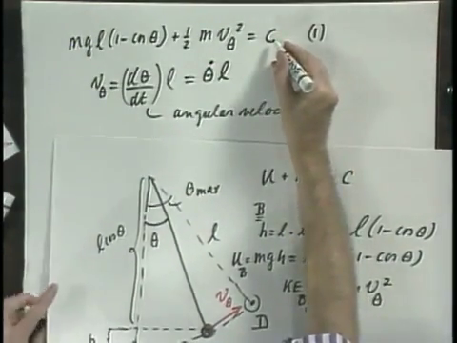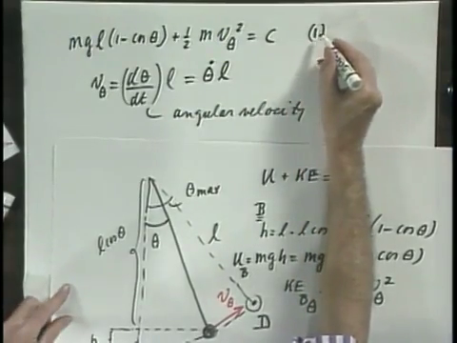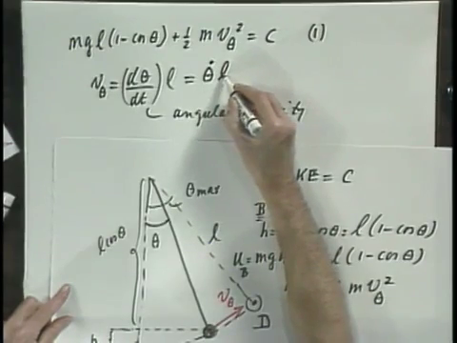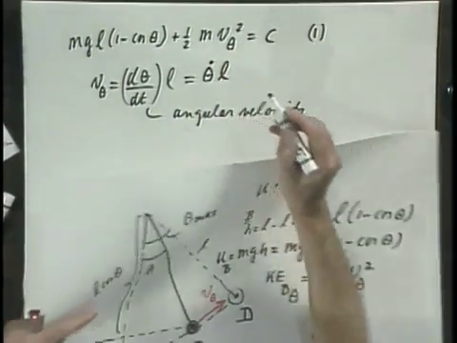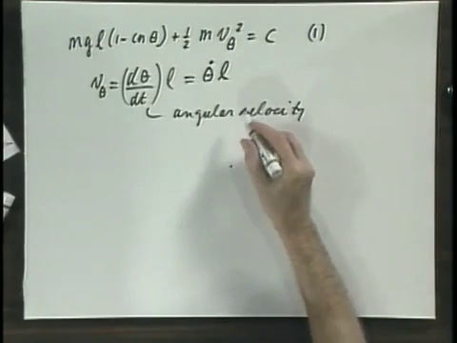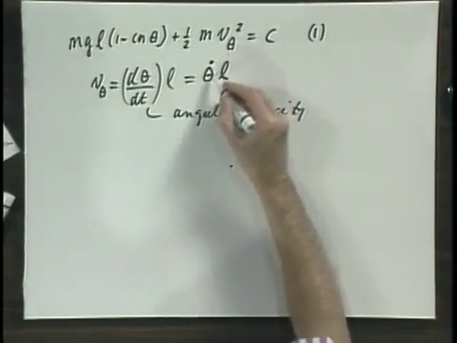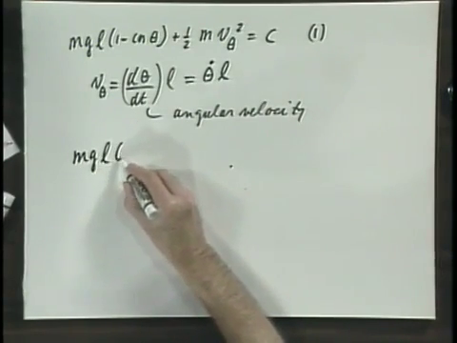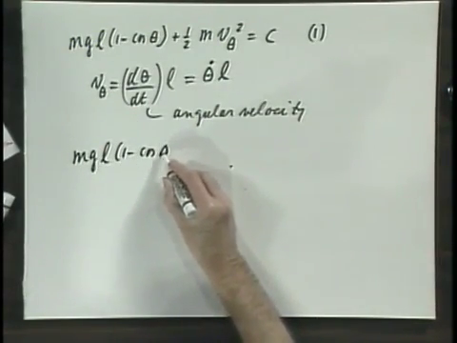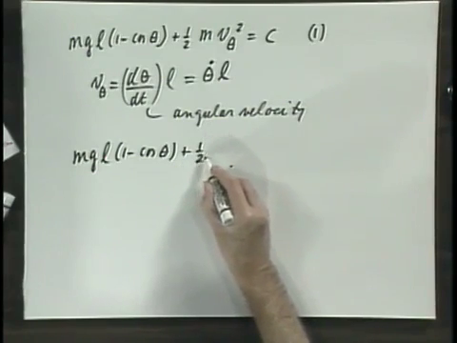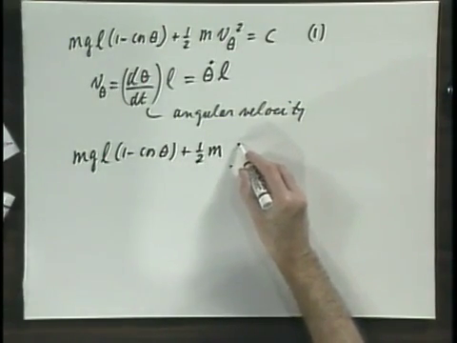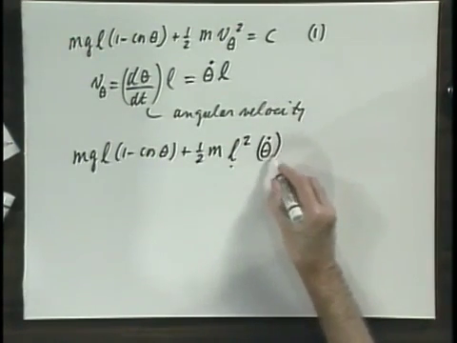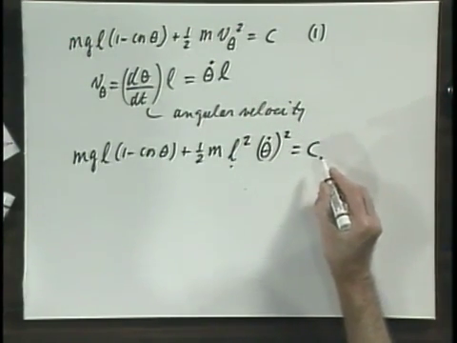So now I want to take the derivative of equation number 1, recognizing that v theta is theta dot times L. Let's first write down this equation with the substitution. mgL times 1 minus cosine theta plus 1/2 m times L squared times d theta dt squared equals a constant.